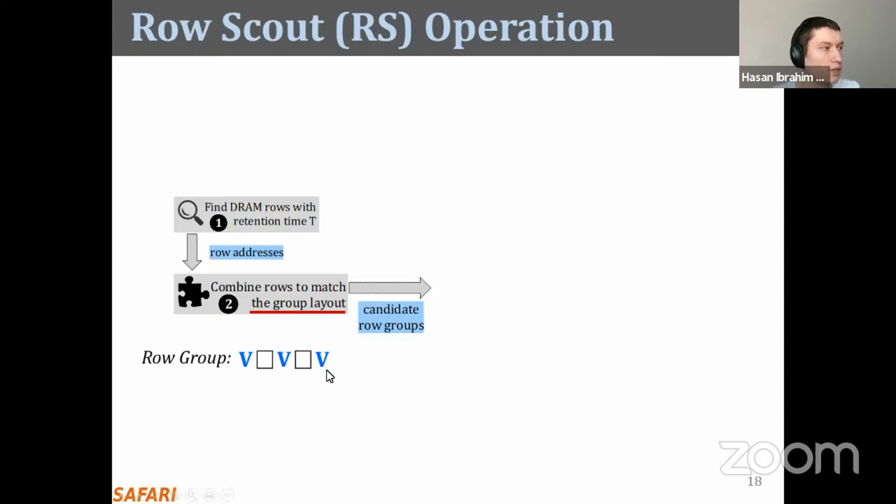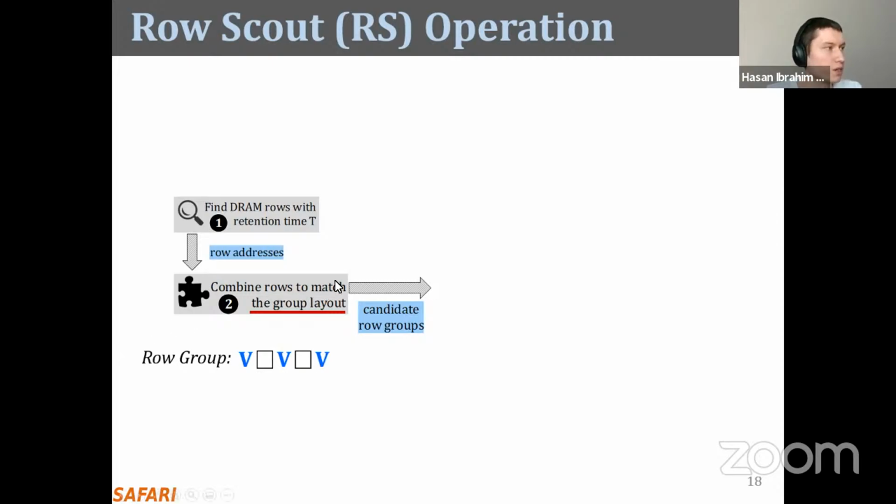But we care about these 3 rows, and they should have very similar retention times. Let's say, for example, this first V is at row address 1, this is row address 3, this is row address 5. And we can use these rows in the middle potentially as aggressor rows when we do the analysis using the TRR Analyzer.